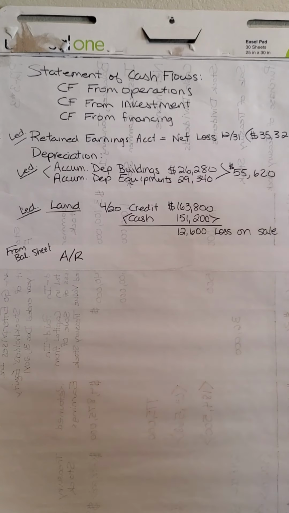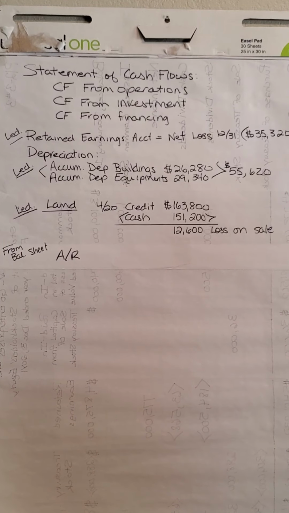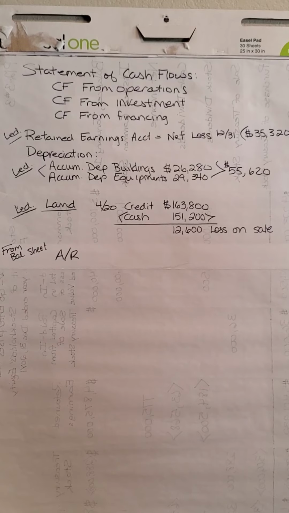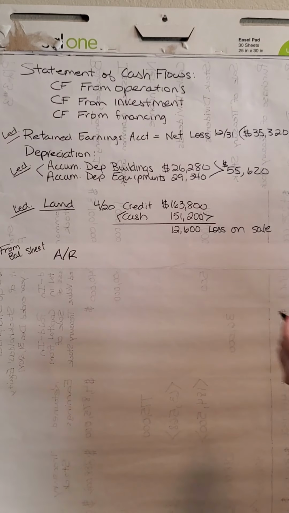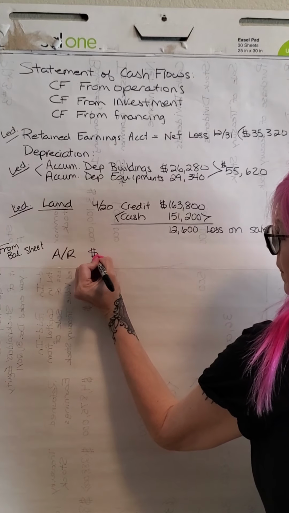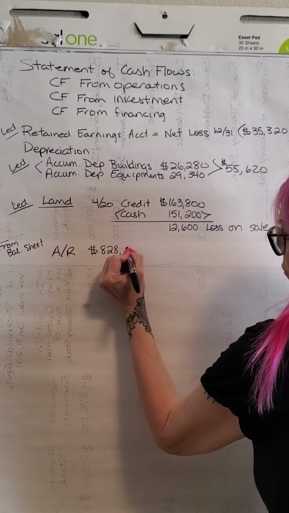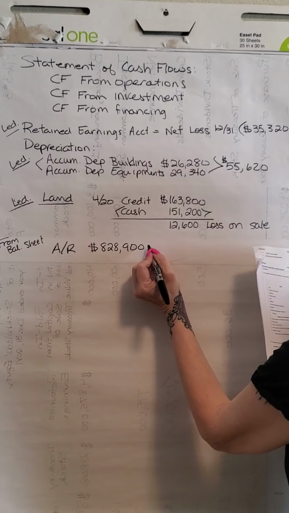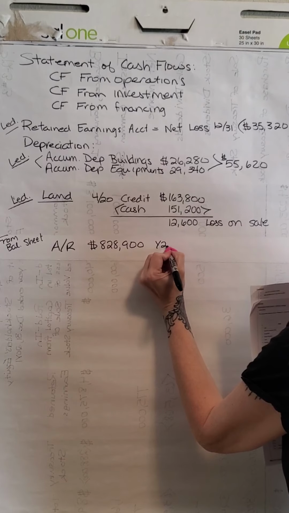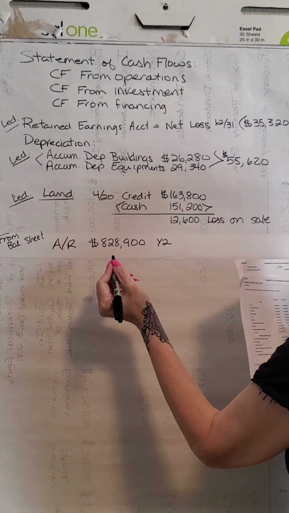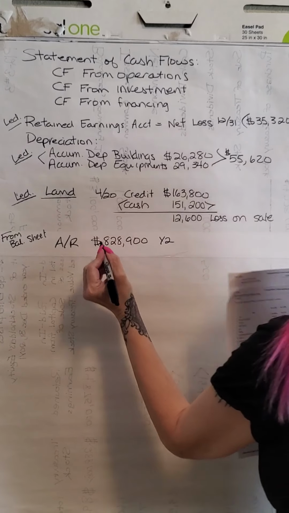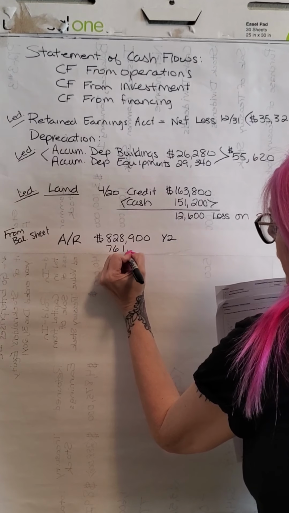What they show us is that the current balance in accounts receivable for Y2 is $828,900, and the balance in year 1 was $761,940.